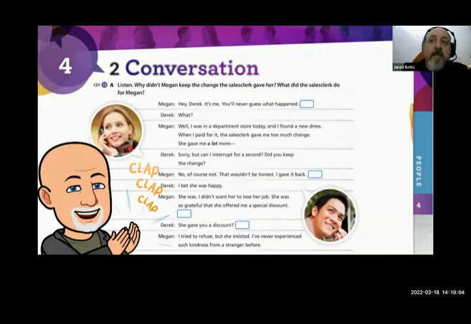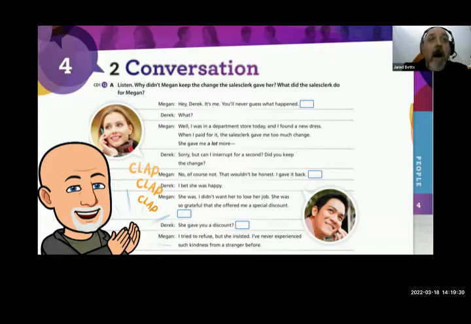That wouldn't be honest. I gave it back. I bet she was happy. She was. I didn't want her to lose her job. She was so grateful that she offered me a special discount. She gave you a discount? I tried to refuse, but she insisted. I've never experienced such kindness from a stranger before.